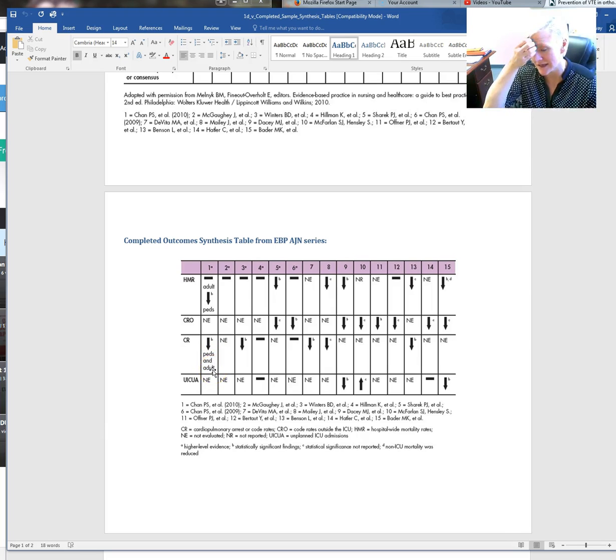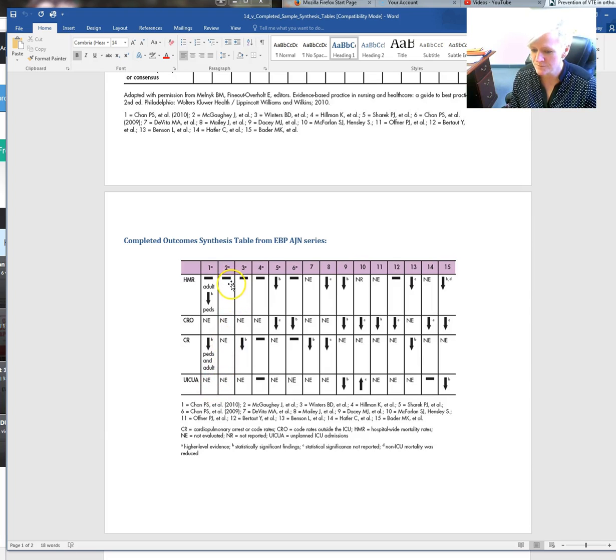And this is asking in relation to a rapid response team. So I should have said that to begin with. Back when we were talking about the rapid critical appraisal, theirs were code rates in response to having a rapid response team. So they're independent variables, the rapid response team in every study. And then this last one is unplanned ICU admissions, and that was not evaluated in this article.